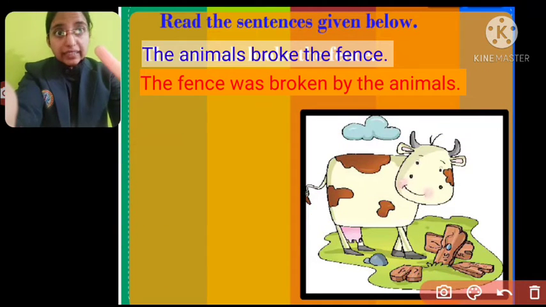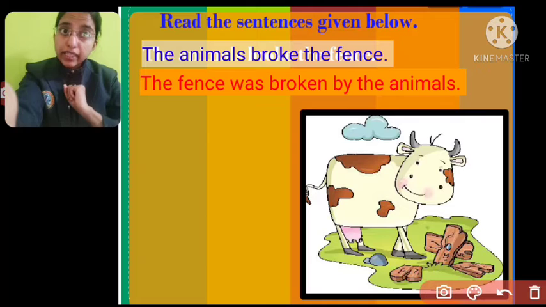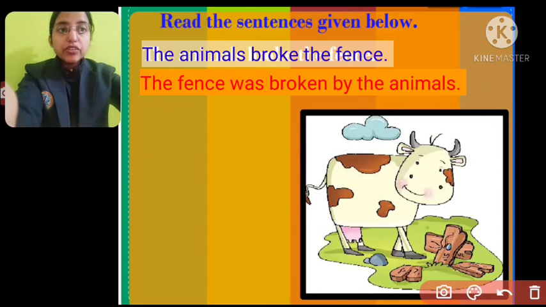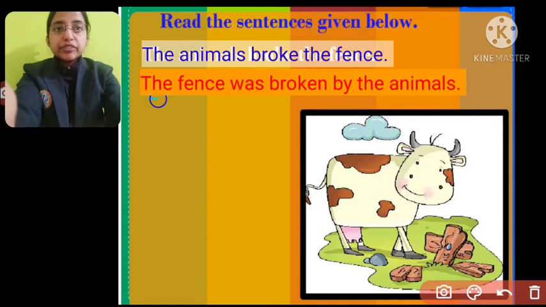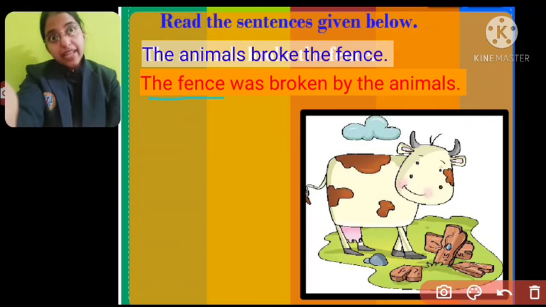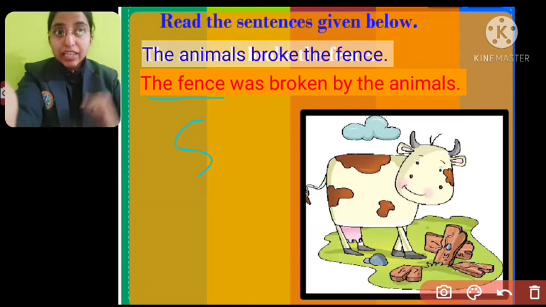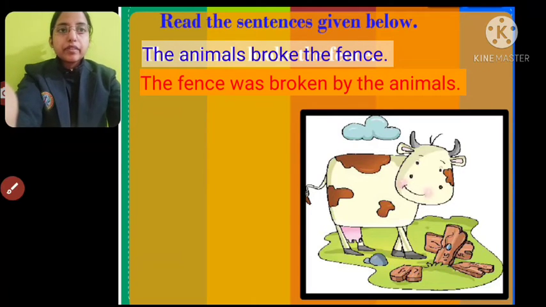The fence was broken by the animals. So here children, the subject is the fence. यहाँ पर सब्जेक्ट क्या है? The fence. जो second sentence है उसमें. See.